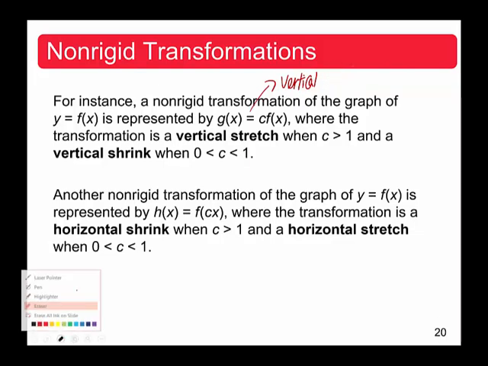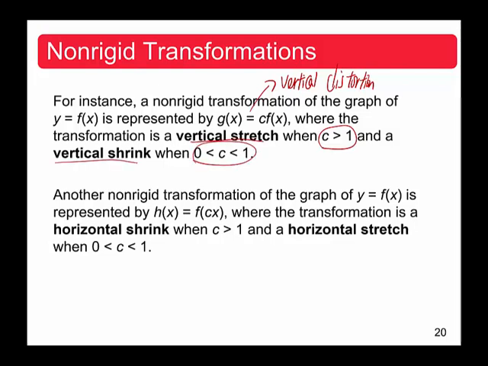When the c is greater than 1, then we have vertical stretch. When the c is between 0 and 1, then we call it vertical shrink. As you can see, when c is greater than 1, then the y value becomes much bigger. So the graph will become narrower. That creates the vertical stretch.